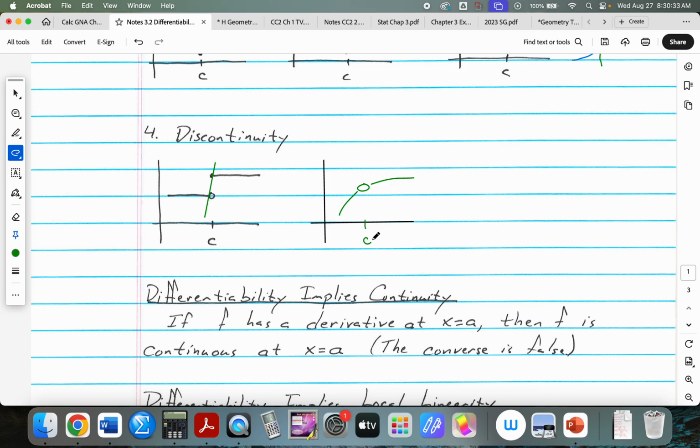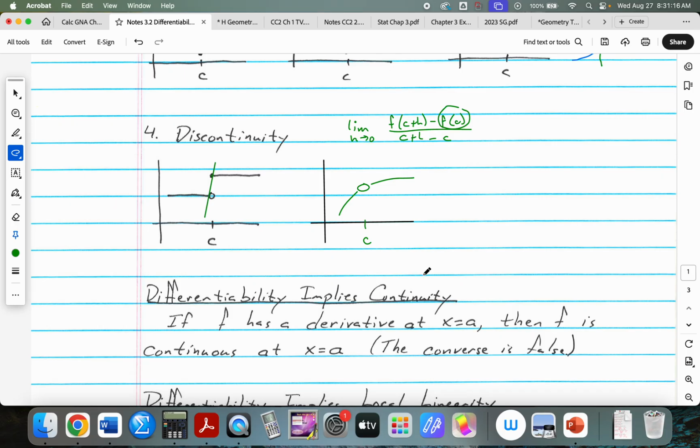The problem we have with this is that the derivative at c requires that f of c be defined. Remember that the derivative would be the limit as h goes to 0 of f of c plus h minus f of c over c plus h minus c, right? If f of c doesn't exist like here, well, we've got a major problem. I can't put does not exist into this limit and expect something to come out of it.